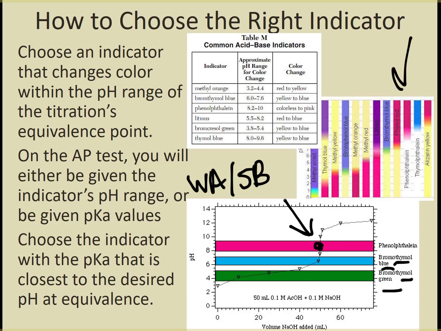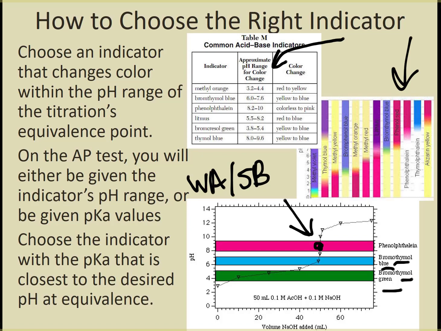So this is just a little chart that shows you the color. Again, you want the color change to occur at the correct pH. So if the AP board or me gives you a problem on your test or in your packet, you would look at that pH range and color, and then you would analyze and see, hey, I have a strong acid, I have a strong base, so I want something around 7.